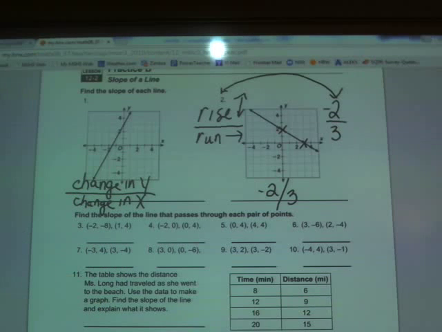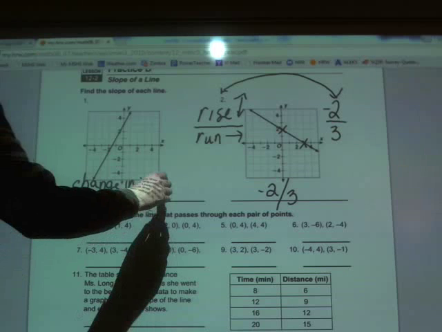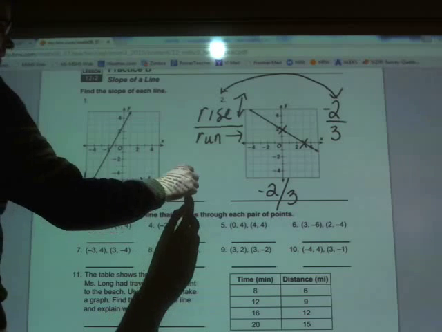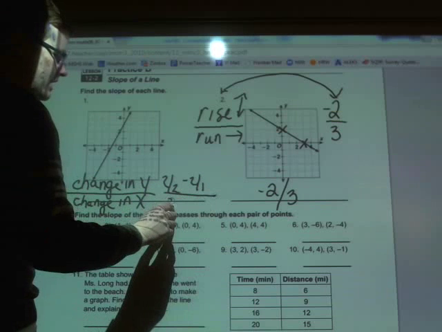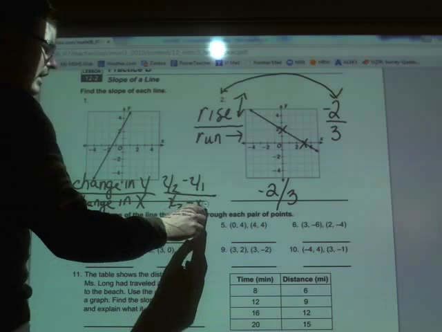If you want something with a little more meat and potatoes to it, we can say subtract y2 and y1 and divide that by x2 and x1.